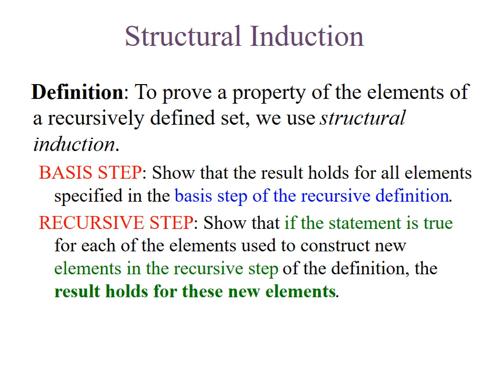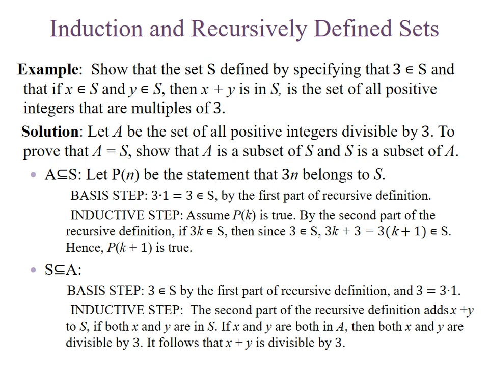And for the second step, the recursive step, we need to show that the statement is true for each of the elements used to construct the new elements. So in our previous case, we have x and y, and use x and y to construct x plus y, and we assume x and y follow the property.